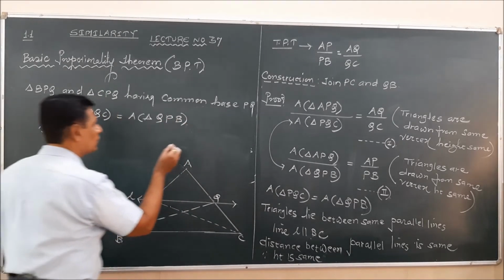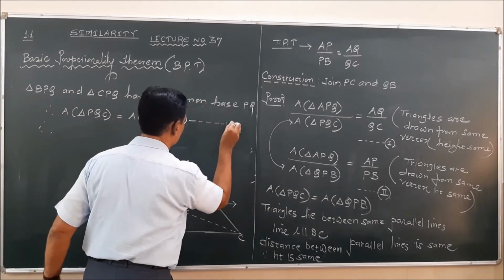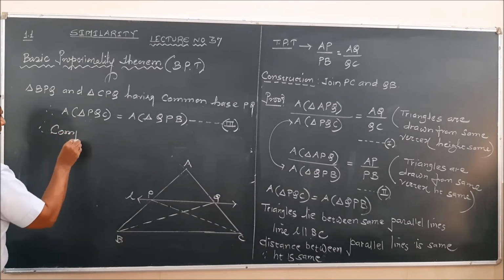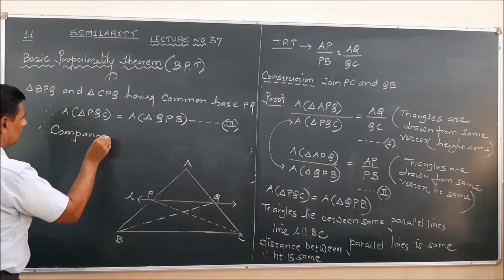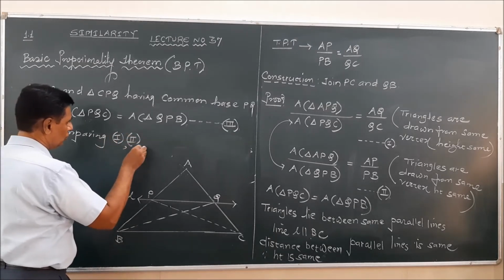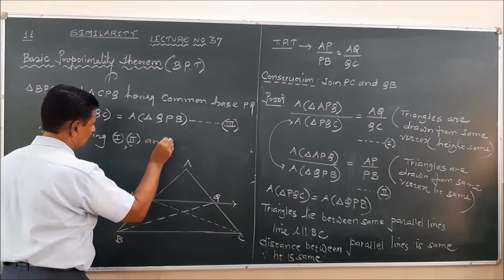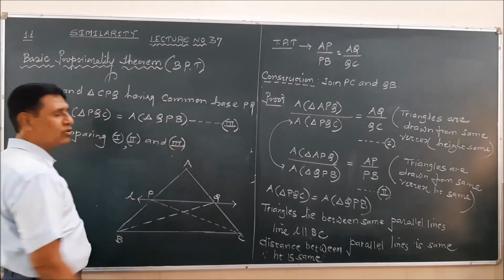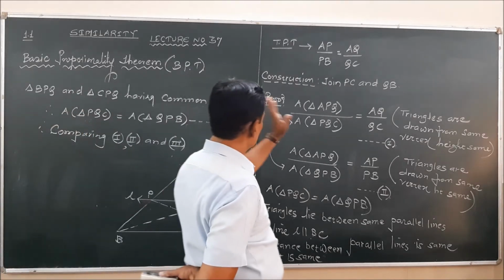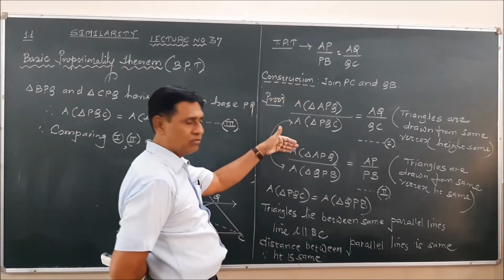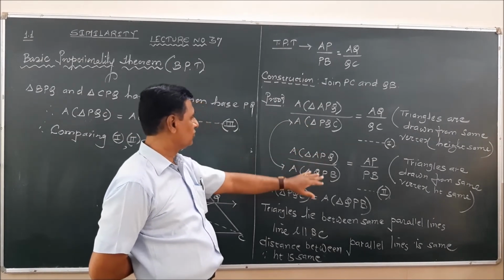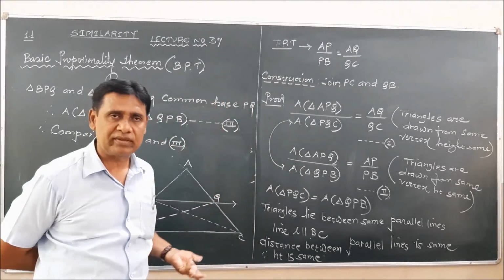Therefore, supposing if I call it as 1, 2, comparing result 1, 2 and 3. We have to make use of all three results. So in that case you will find when I say result 1, I got numerator same, APQ here, APQ here, right? And I also got area of triangle PQC and area of triangle QPB are also same.